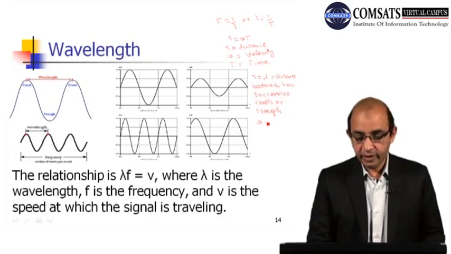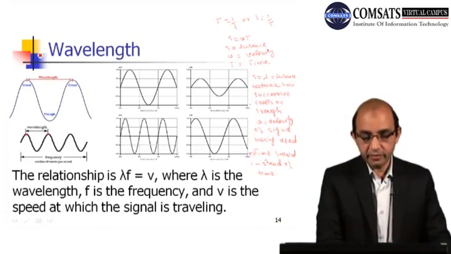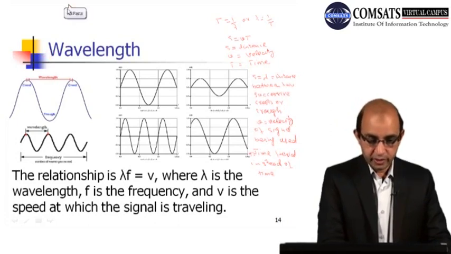Then we have velocity, V, the velocity of the signal being used, and then we have the time period instead of time, that is T. So let me write down the equivalent equation for S is equal to Vt.